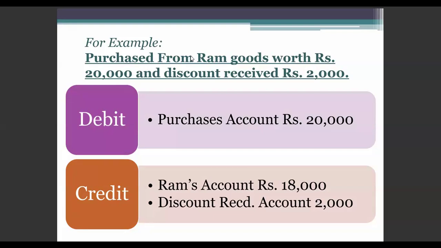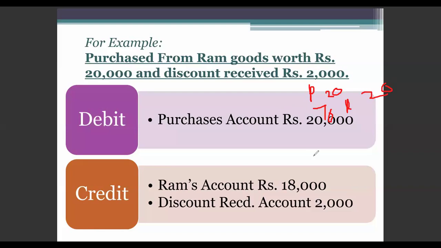Discount received 2,000. What does this mean? I had done the purchase of 20,000. So purchase account debit 20,000 and to the person who gives me, Ram's account, 20,000. So this will be my first entry.